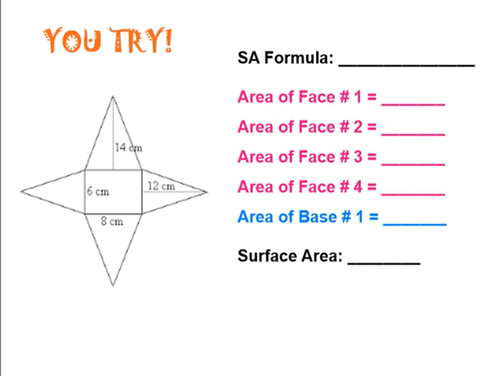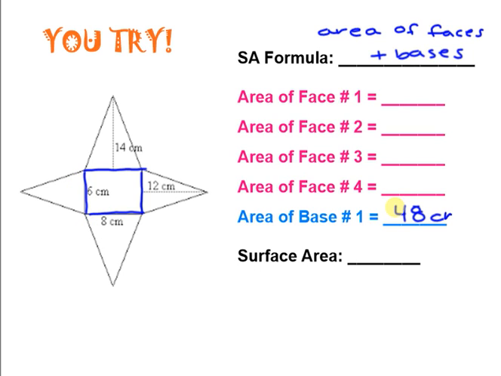Alright, last one. So my surface area formula is area of faces plus bases. So I'm going to start with my base. Now this time I do not have a square. I have a rectangle. So I have 6 times 8, base times height, so that's going to be 48 centimeters squared. So I'm going to work with this triangle first.